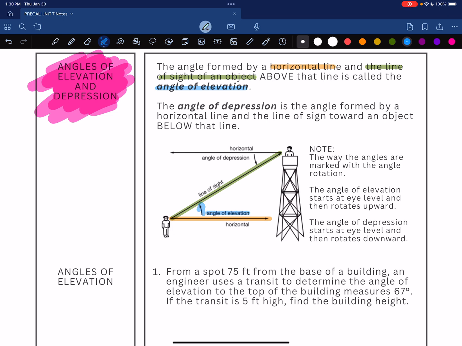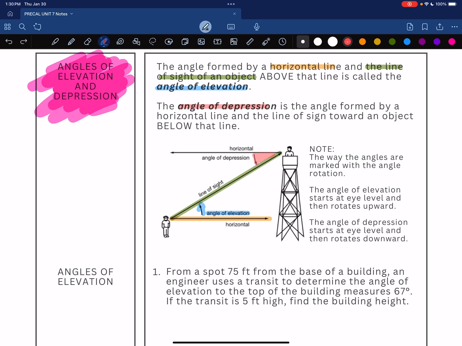The angle of elevation is created from the horizontal, from your eye line, and then tilting your head upward. That creates an angle of elevation. Conversely, the angle of depression is created here when we take, right here.